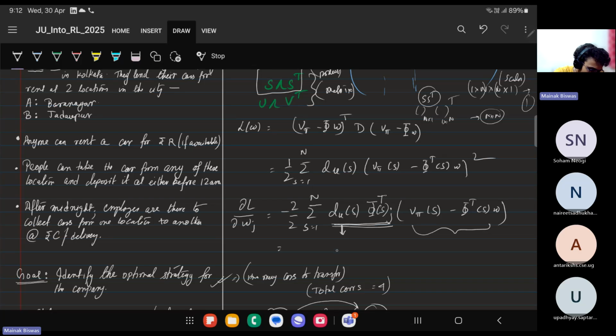So we could just write this as phi transpose, and what do we want? We want D mu of pi, for a particular value of S, summed over all S's.